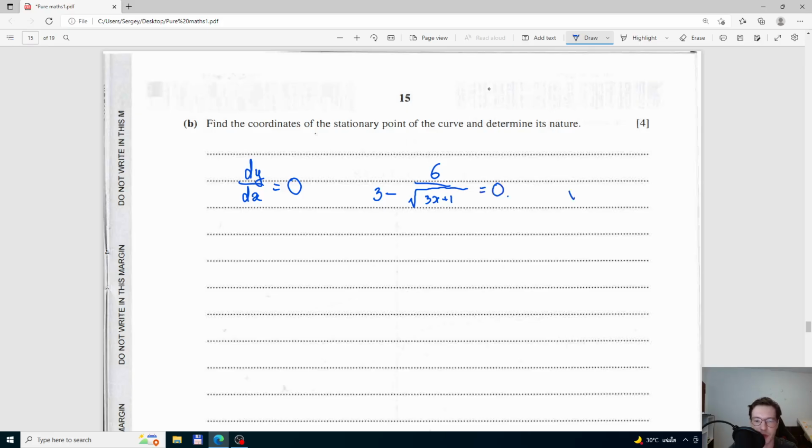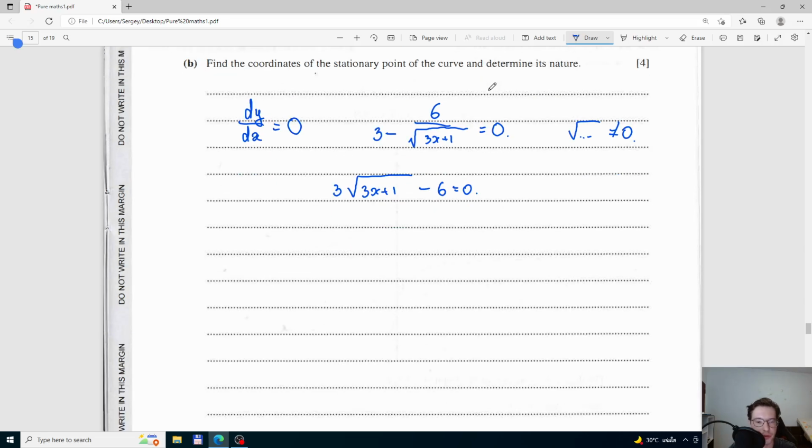Now let's assume that the square root of 3x plus 1 is not equal to 0 and multiply by it. And solve this for x.